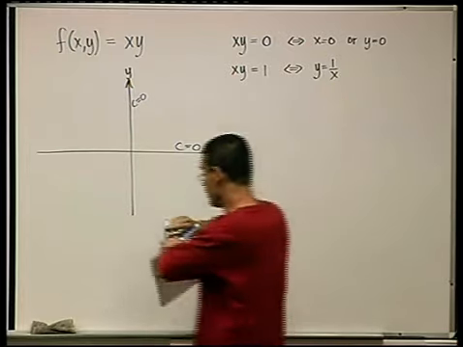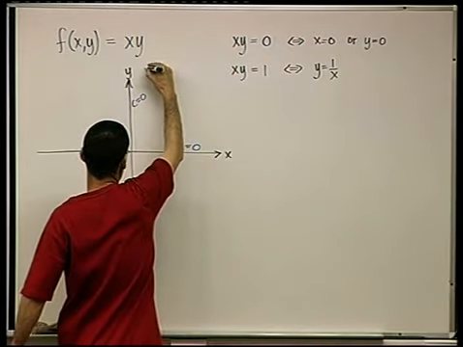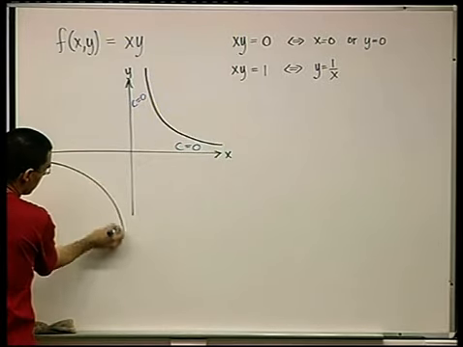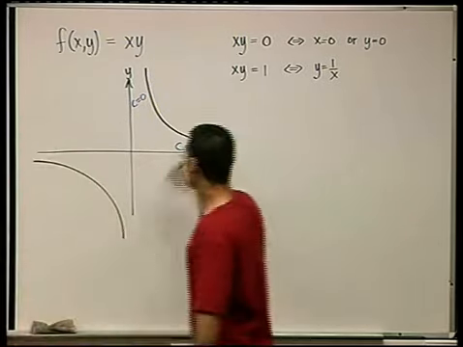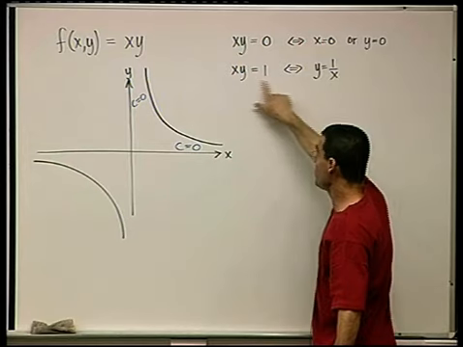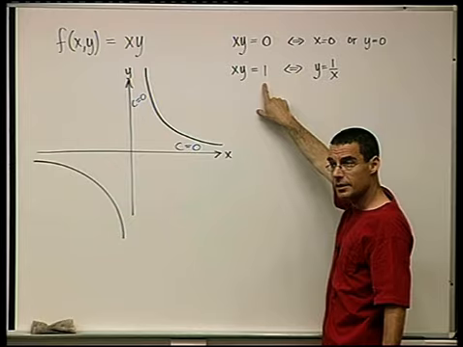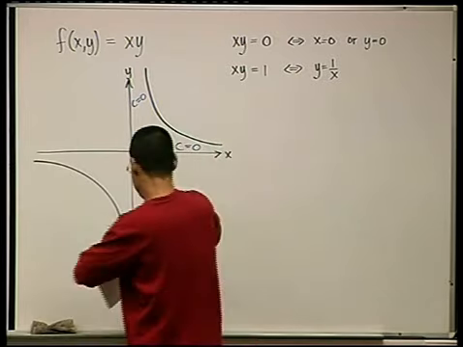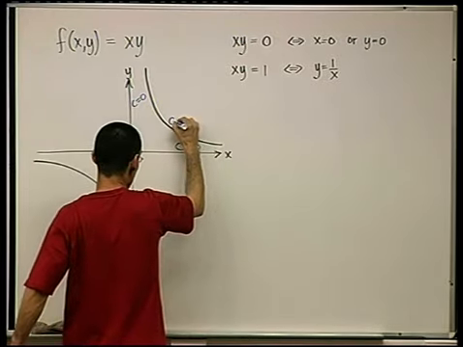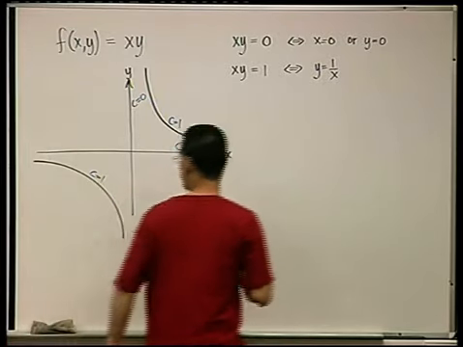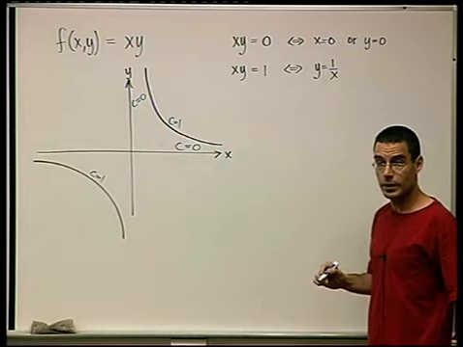So all the points here along this hyperbola here, this is y equals 1 over x. Do you agree? And all these points correspond to points where the function is valued 1. Do you see that? So along these points, the value of the function is the same. On all these points, the value of the function is precisely 1.